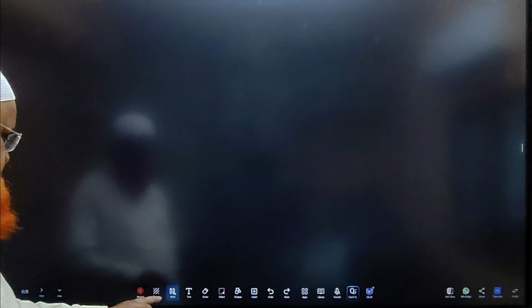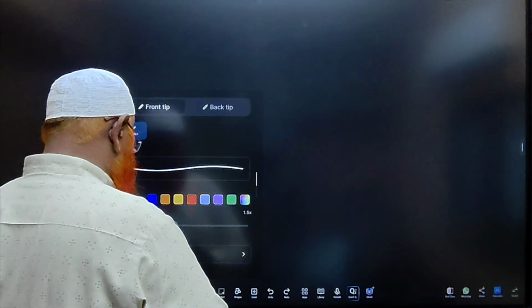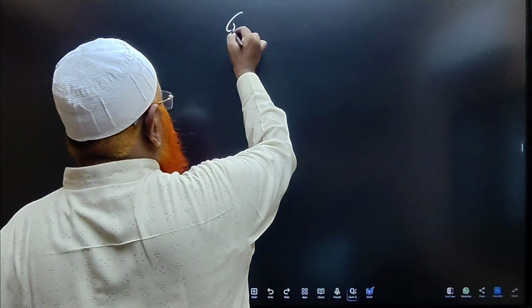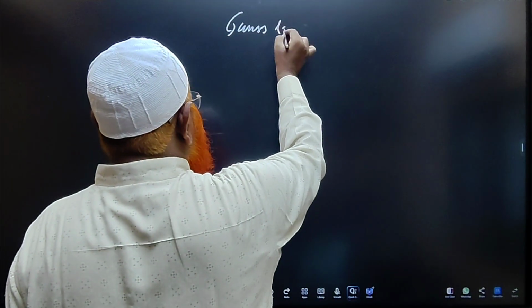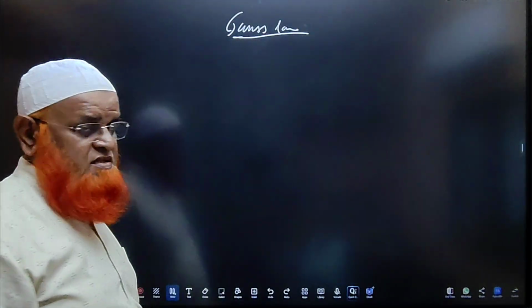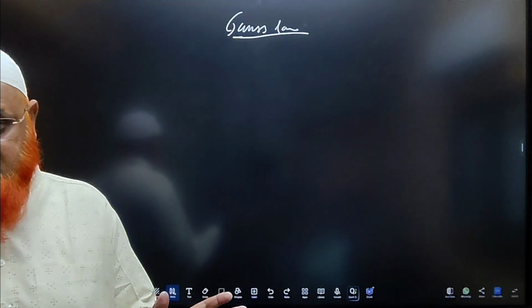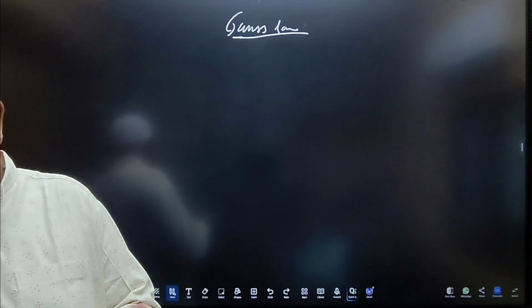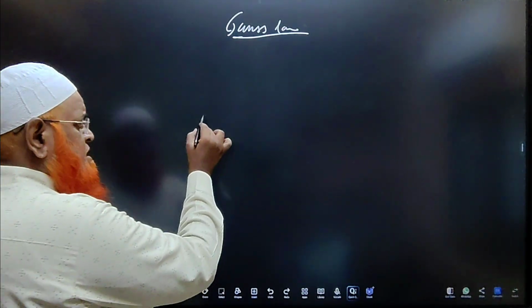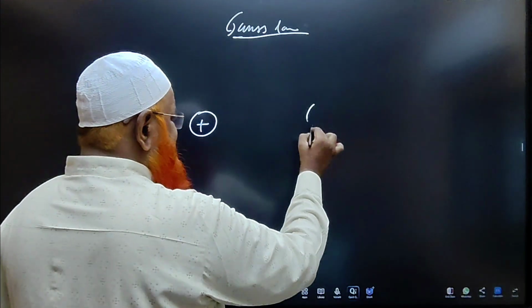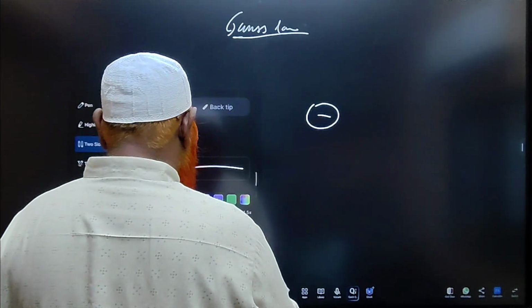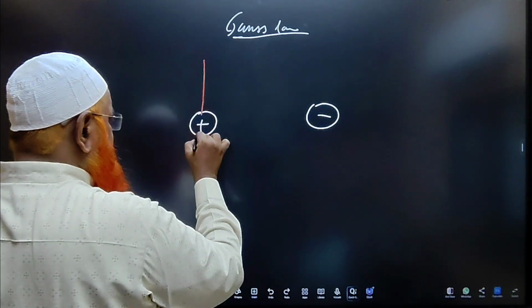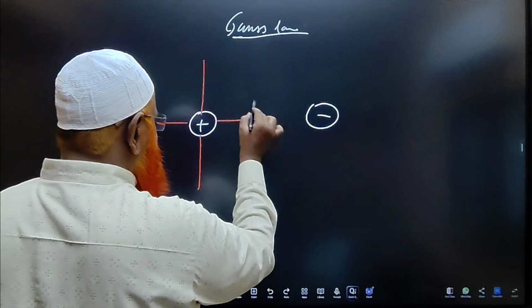Flux, yes. Flux means we have to discuss Gauss law. Electric flux. Conceptual questions come along with this electric flux. See here, this is a positive charge, this is a negative charge, and you would have seen the lines of flux drawn like this.